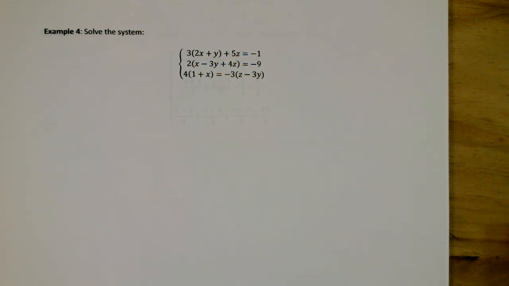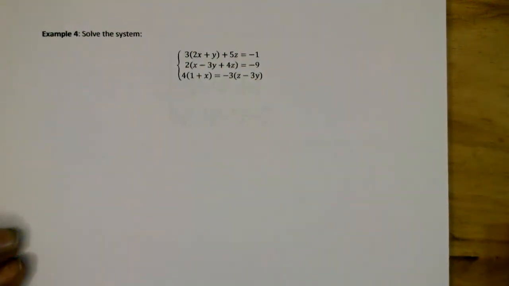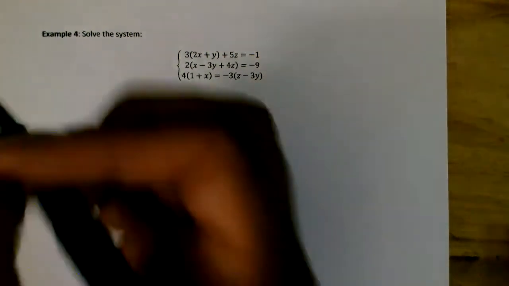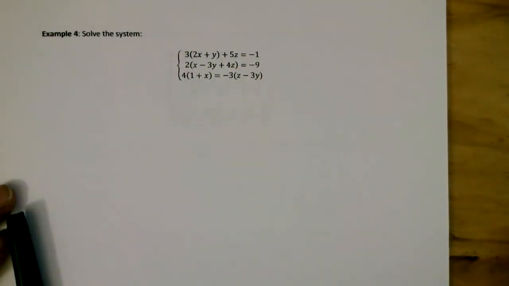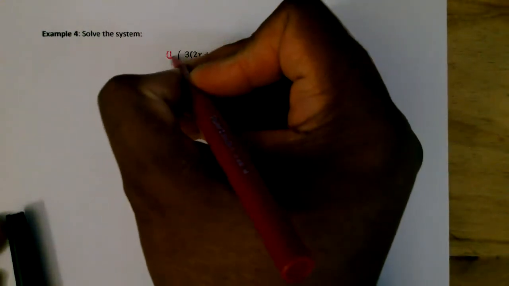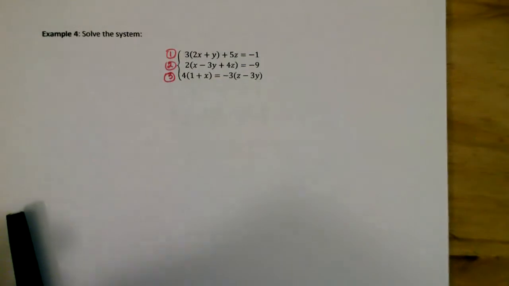All right, let's simplify these equations here before we start trying to solve using the addition or the elimination method. All right, that first equation, well, I can label this as equation 1, equation 2, and equation 3 if I like.